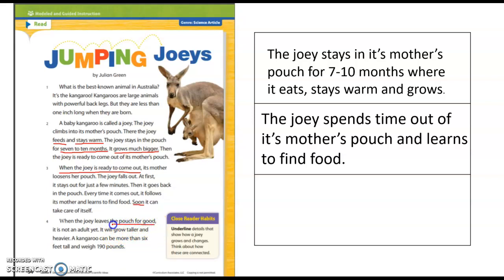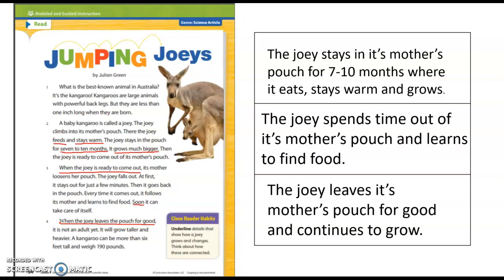When a joey leaves the pouch for good tells me when it starts to grow taller and heavier. So the joey leaves its mother's pouch for good and continues to grow. You're going to be answering a discussion question today, and then tomorrow we're going to be using Jumping Joeys to do some writing.